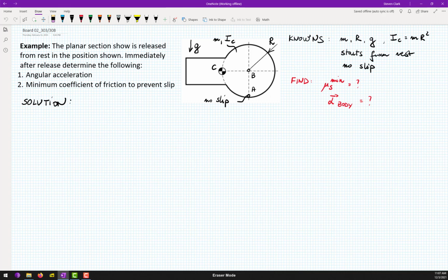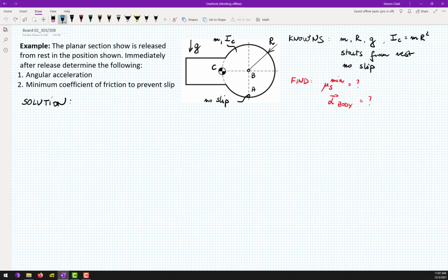We have this body of quite odd shape. And what do we know about it? First of all, we know the location of the center of mass, which is already good. We know the geometry, because we know that the radius of this partial circle is r, and we know that the mass and moment of inertia about C are m and IC. This would be a symbolic solution.